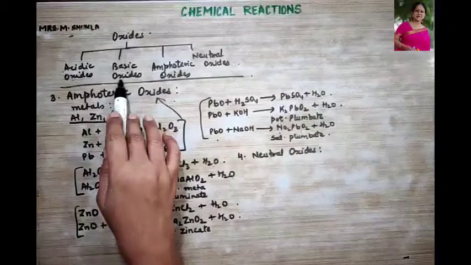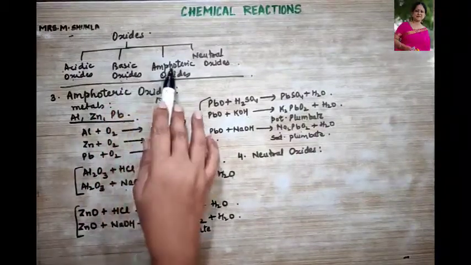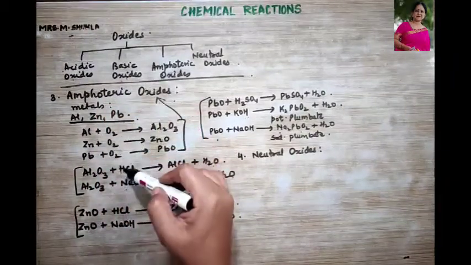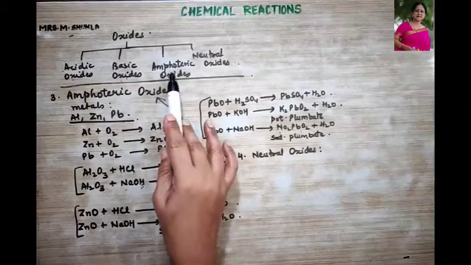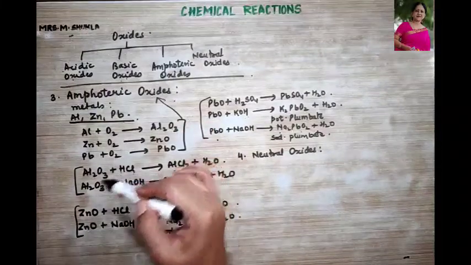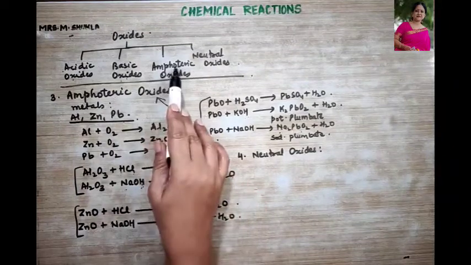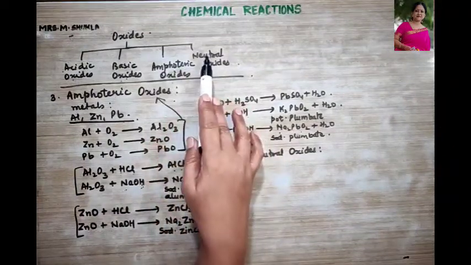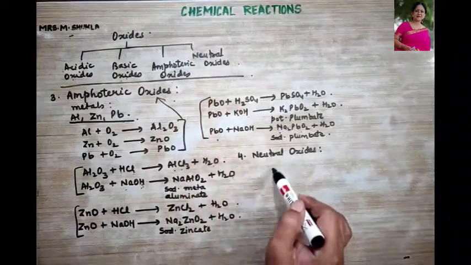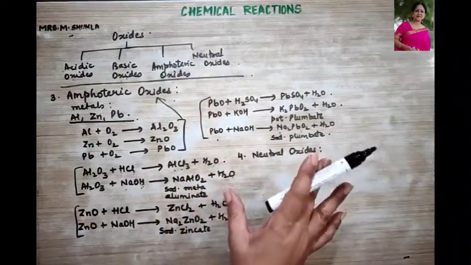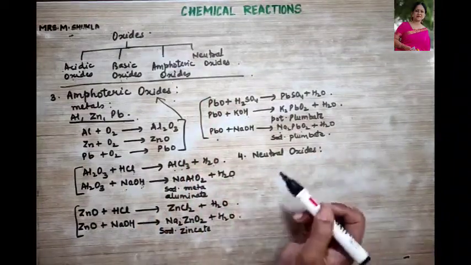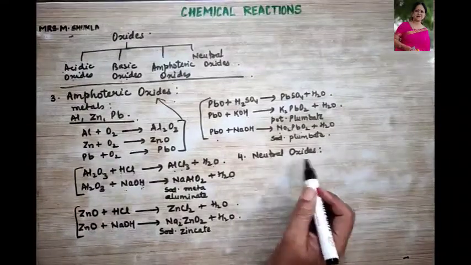Basic oxides turn red litmus blue. Amphoteric oxides react with both acids and bases, so they do not show any change here either, but their salt formation is different, therefore they are called amphoteric oxides. The neutral oxides show no change in the litmus test, and therefore they are called neutral oxides.